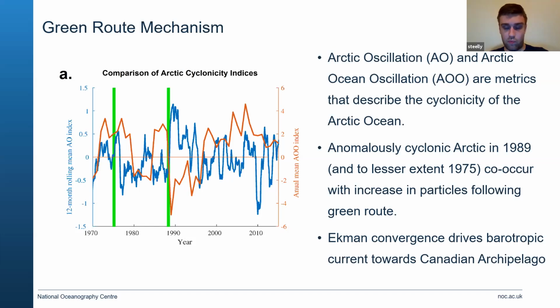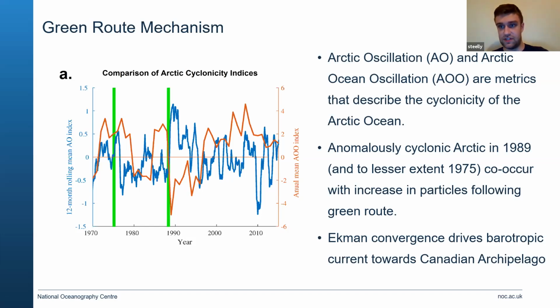And I've plotted the green stripes, which are the releases where we see these spikes in particles following the anomalously short timescale route, and they correspond to an anomalously cyclonic Arctic, especially in 1989. It only really shows up in the AO, not in the AOO, or 75. But the reason we think this is particularly important is that an anomalously cyclonic Arctic drives Ekman convergence around the Beaufort Gyre region.